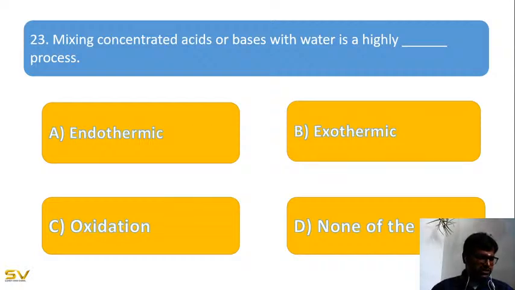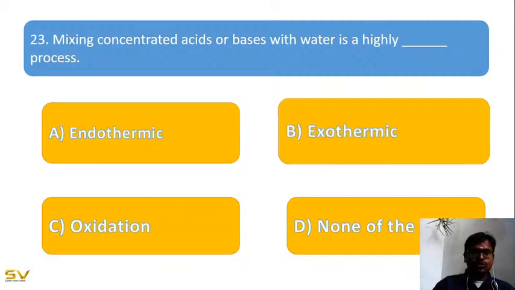So yes, I'm happy to see a lot of members participating. When we mix acid or bases with water, a lot of heat is liberated. Whenever heat is liberated, that type of process we call exothermic.